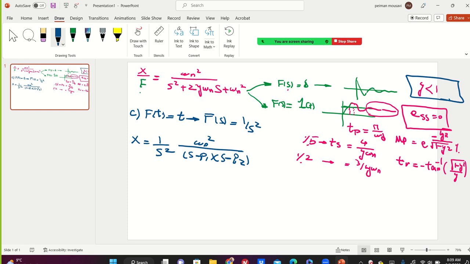So you know that p1 and p2 are a pair of complex conjugate poles located at the left hand side of the complex plane.